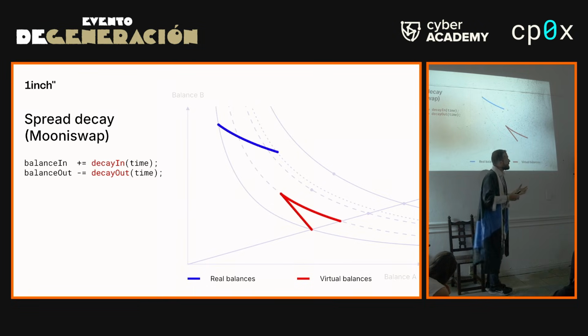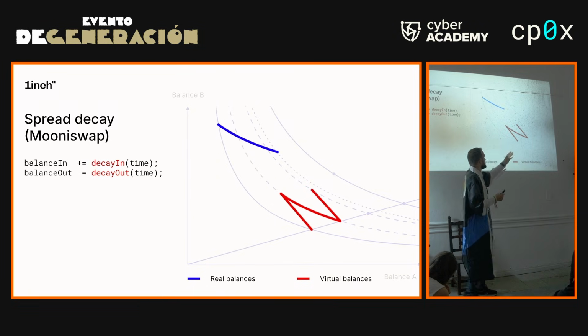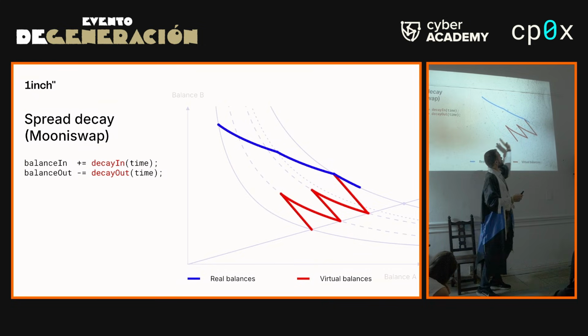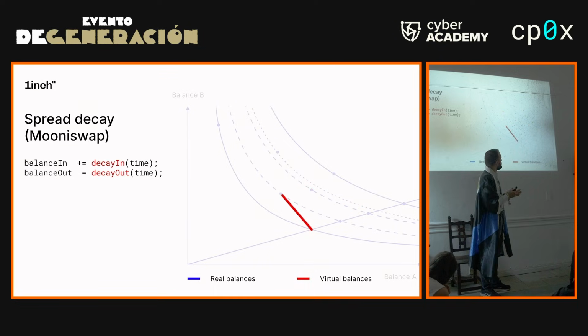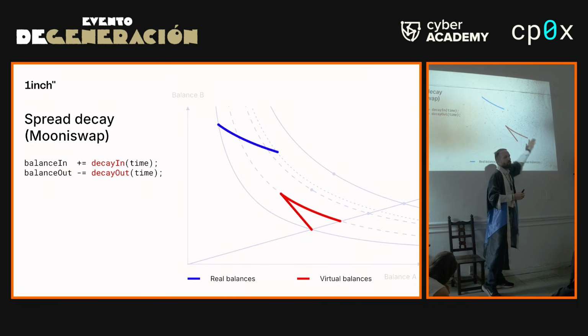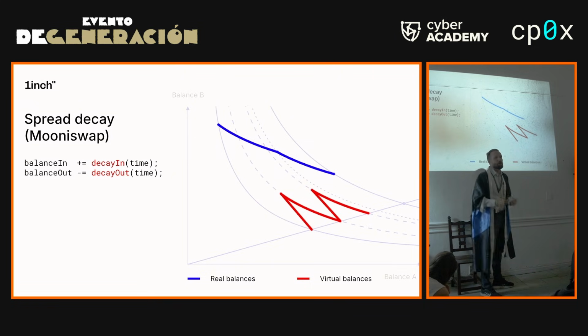So why did we do all this pine tree? Actually, moving balances from here to here is increasing your balances. That's how liquidity providers are actually capturing the value. If you have no fees, you will walk by the same line, by the same invariant.